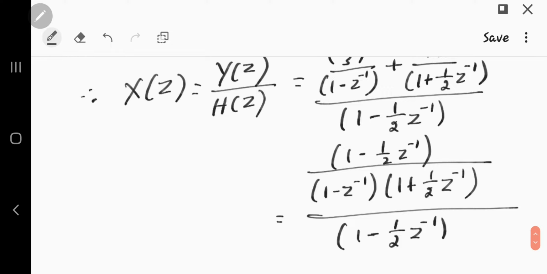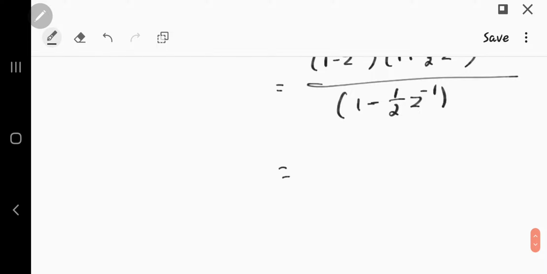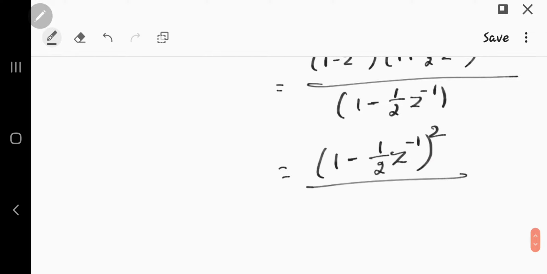Okay, so now this numerator will go to the denominator: 1 minus 1 by 2 z inverse, and the numerator is 1 minus z inverse and 1 plus 1 by 2 z inverse. So if it goes to the above, you will have 1 minus 1 by 2 z inverse whole square.